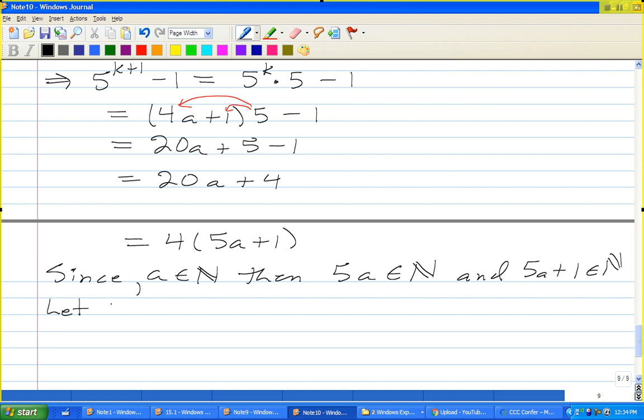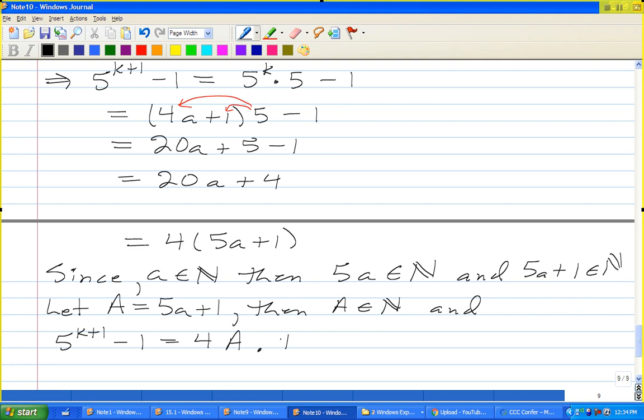Let capital A equal 5a plus 1. Then A is a natural number, and we showed that 5^(k+1) minus 1 is 4A. And that's what we wanted to show.